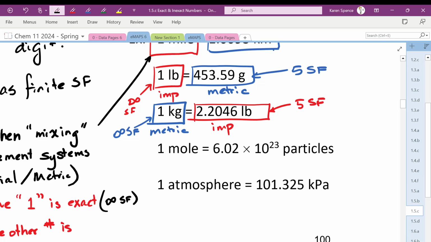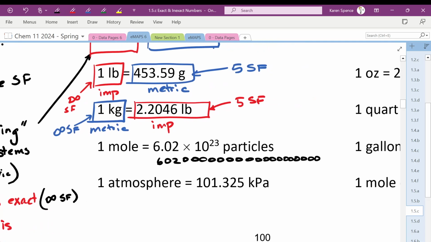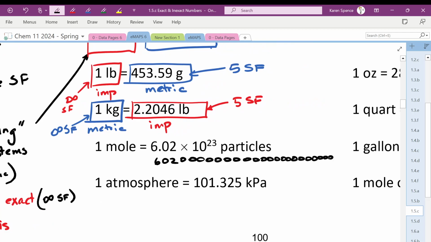And if you look at that number, 1, 2, 4, 5, 6, 7, 8, that's a big number. Do you think that number is exact or approximate? If I say I have 1 mole of particles, will it contain exactly 602 hexillion particles?